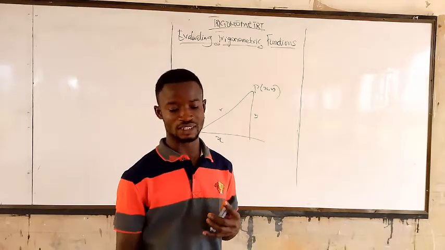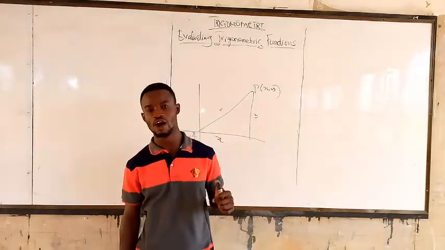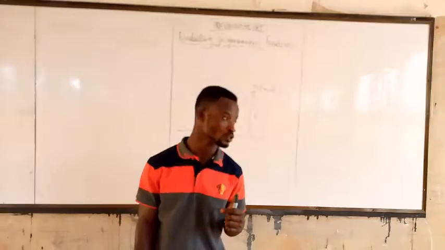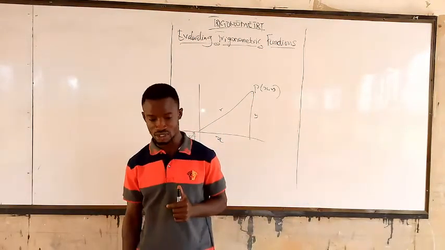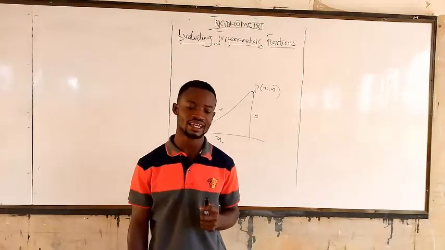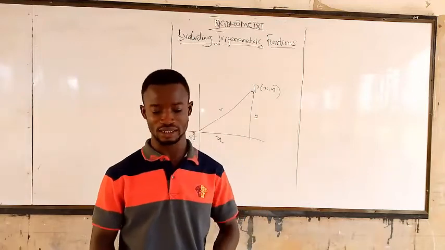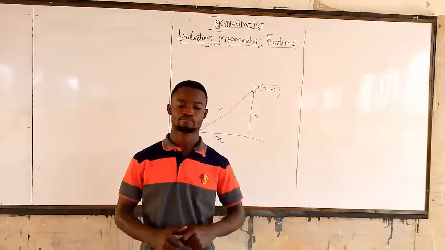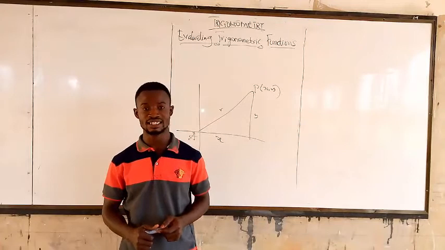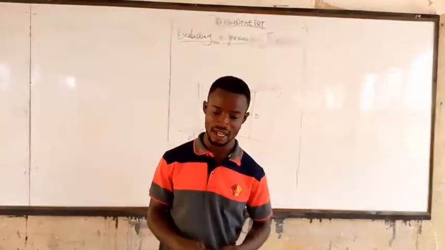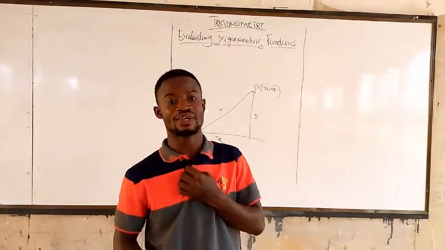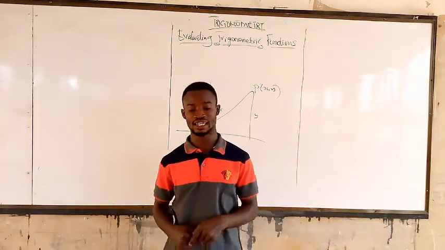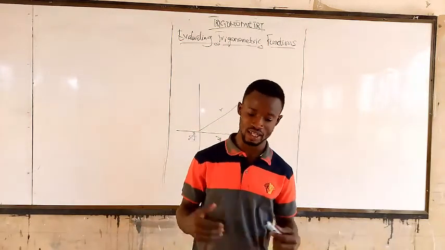We also know that cosec is the reciprocal of sine, and that is hypotenuse over the opposite. Sec is the reciprocal of cos, and that is hypotenuse over the adjacent. And cot is the reciprocal of tan, and that is adjacent over the opposite.